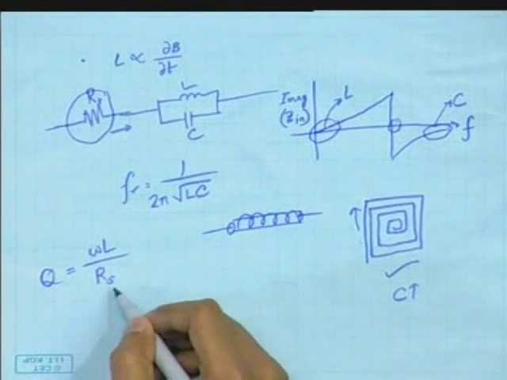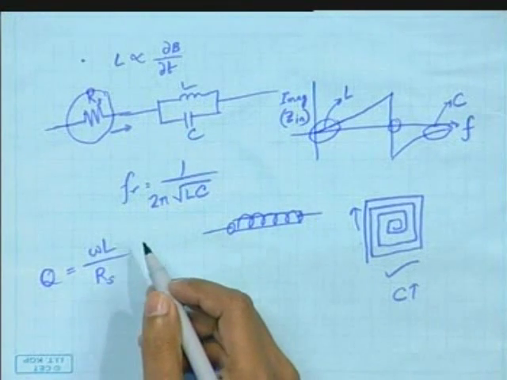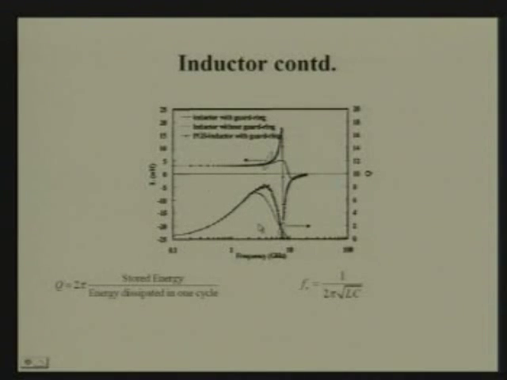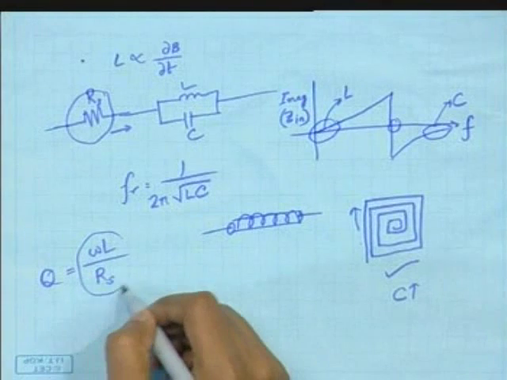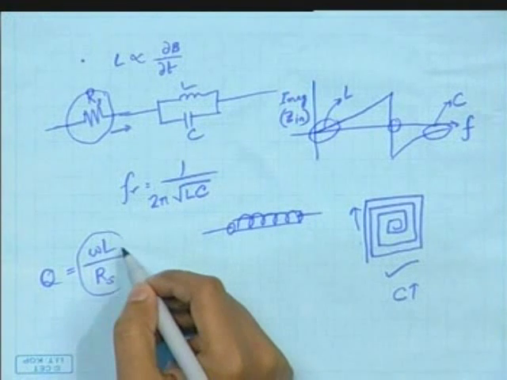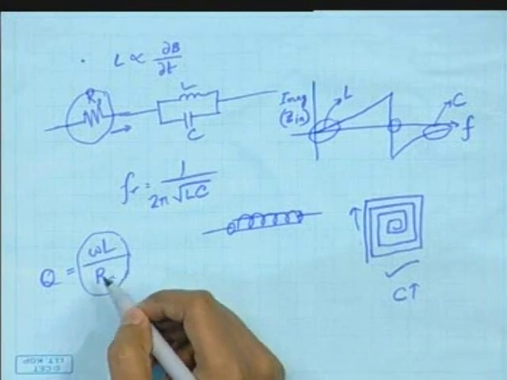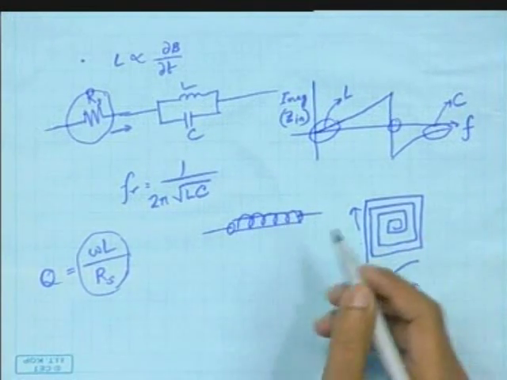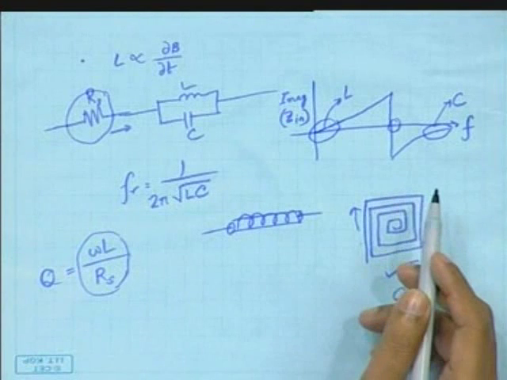So the lower the RS, the higher the quality factor. Now this curve shows the variation of quality factor with frequency, and after the self resonant frequency this definition does not apply, and hence if we continue using this definition, the quality factor will become negative because it's capacitive, the imaginary part becomes negative. So that's what we see from the curve here.